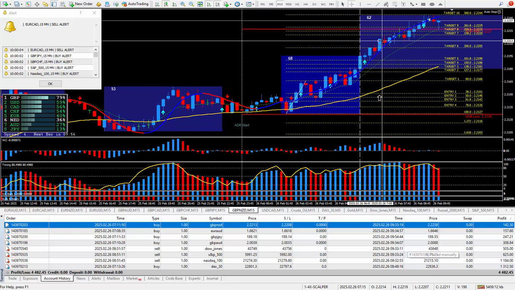So let's see where I got in at this cursor. Close it out here, just being happy, locking in about 24 pips. That paid out $142.